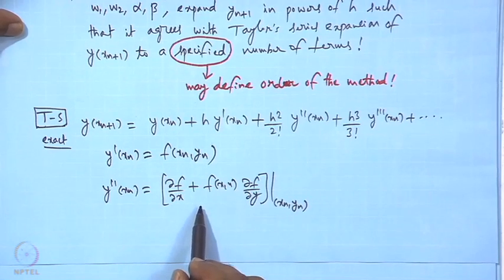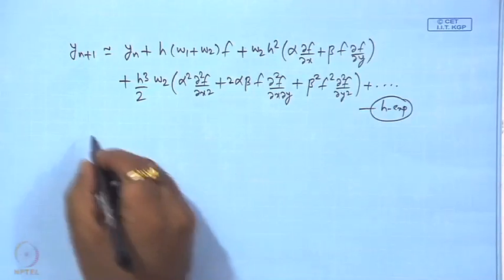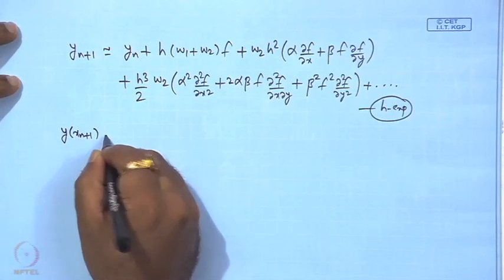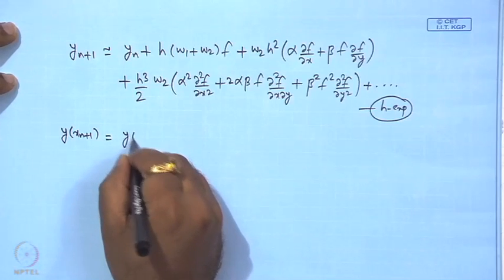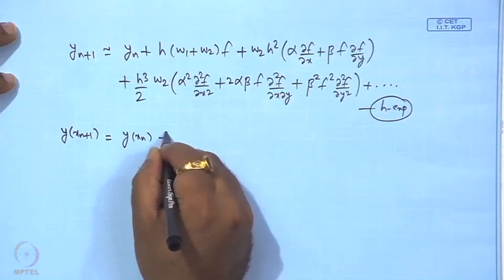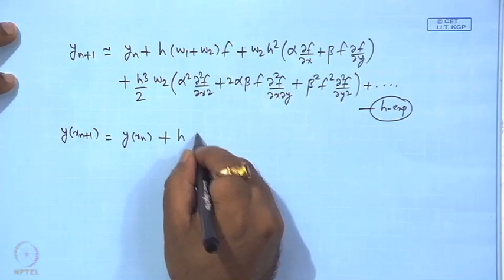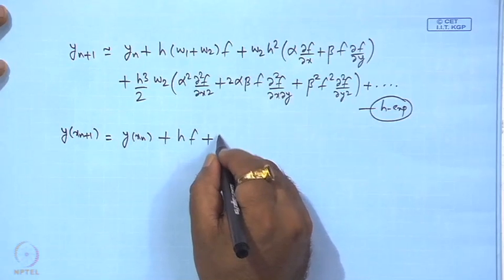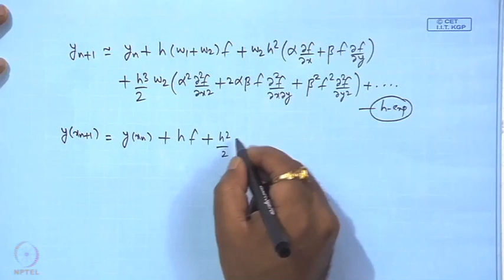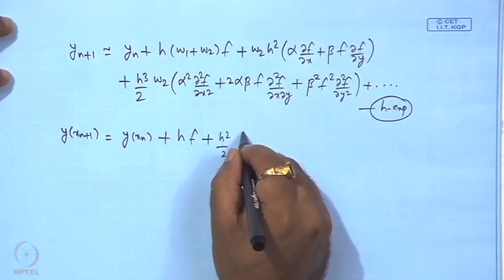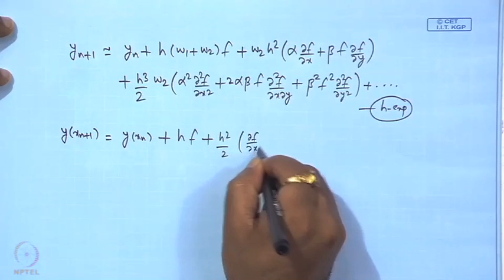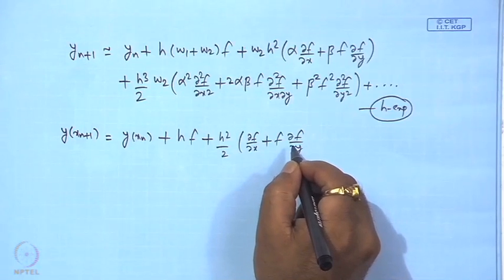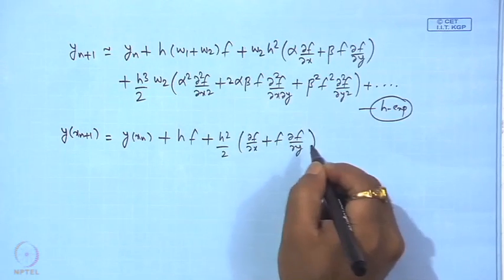Okay. So, maybe it is better to write down y of x n plus h is y of x n plus h f plus h square by 2 dou f by dou x plus f dou f by dou y. Okay.